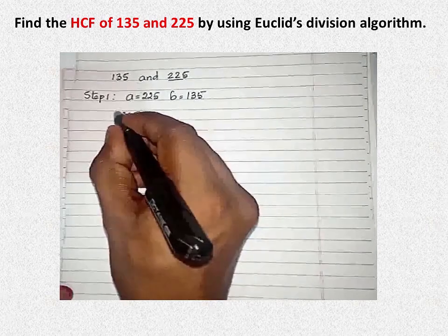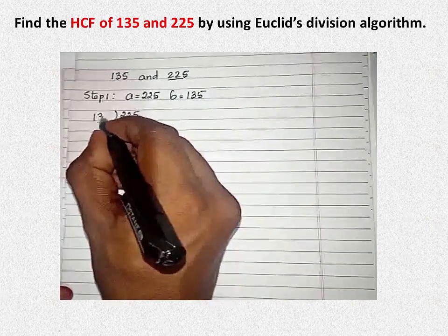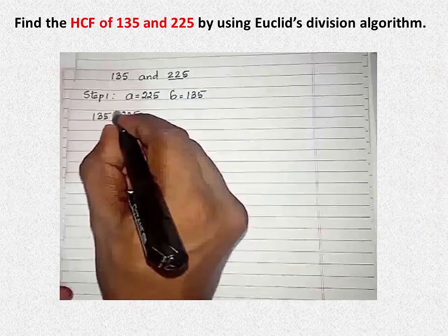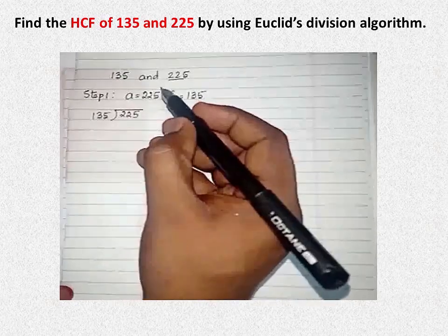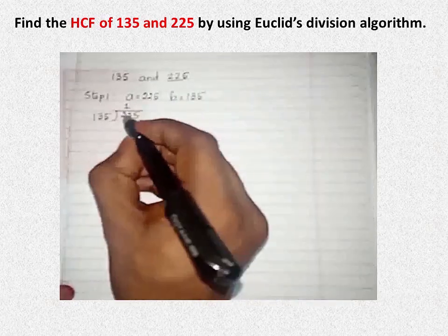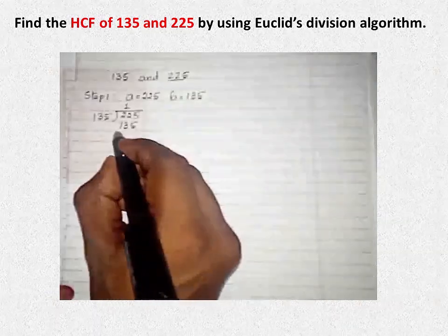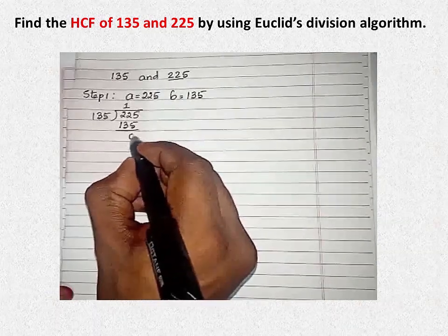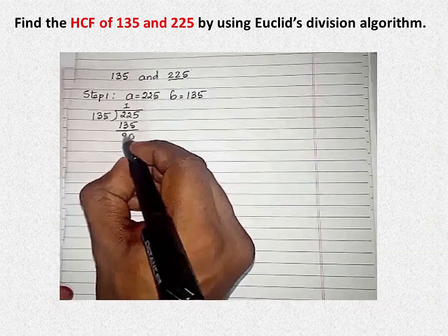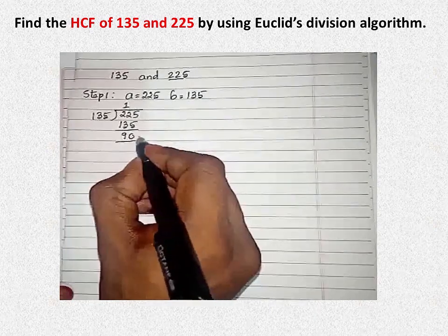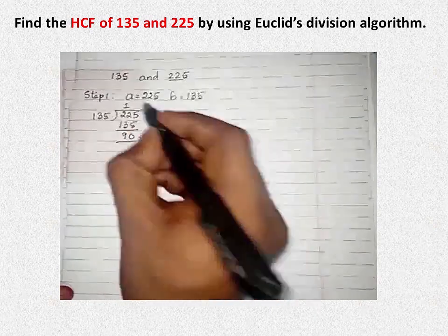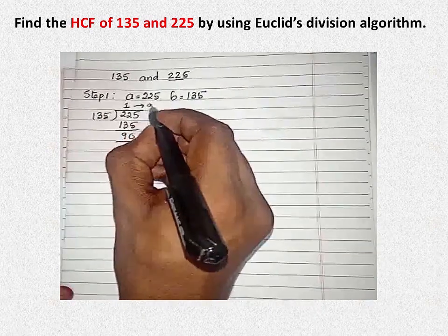Now divide 225 by 135. So 135 ones are 135. So the remainder is 90. Now the remainder is 90. Quotient is 1.